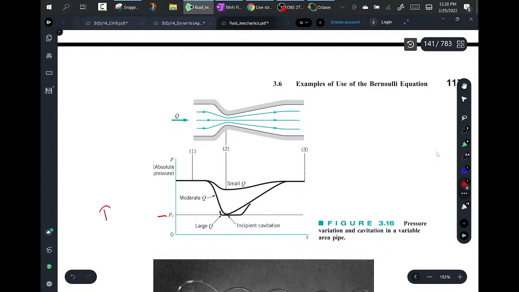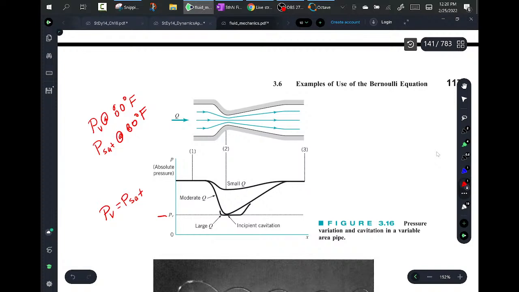Case in point, vapor pressure and saturation pressure are the same thing. In other words, if you look at the vapor pressure at, say, 80 degrees Fahrenheit, it's the same as the saturation pressure at 80 degrees Fahrenheit.